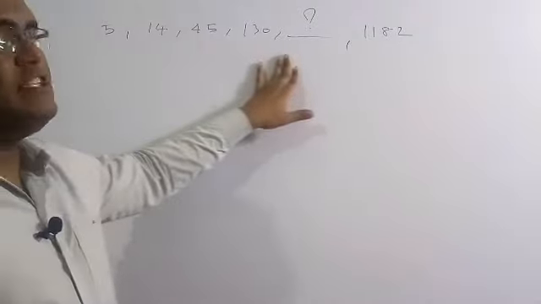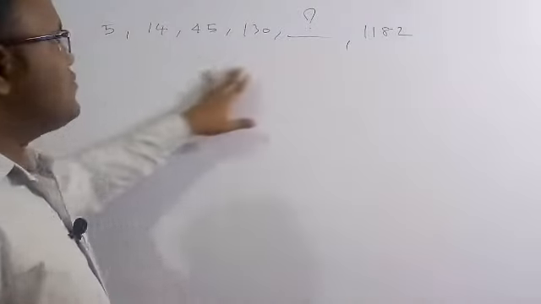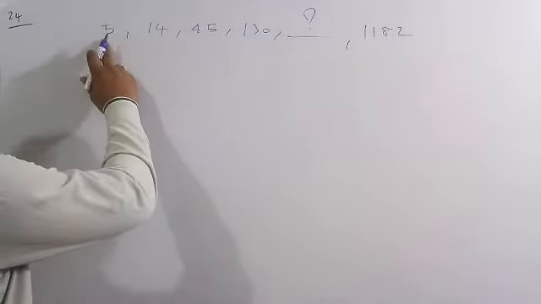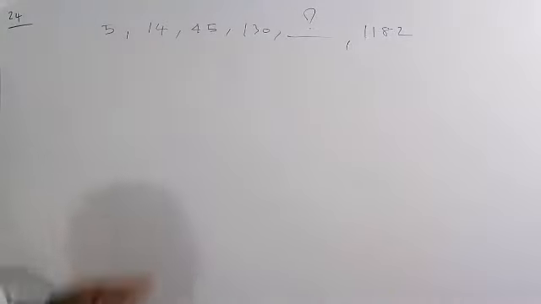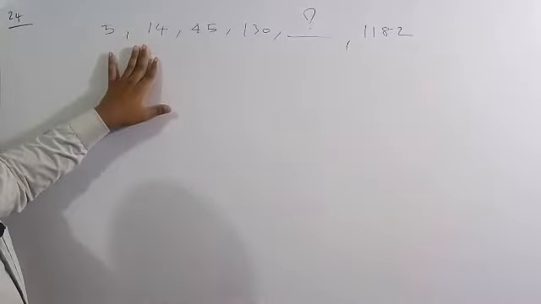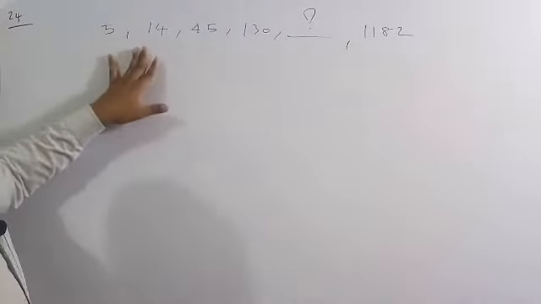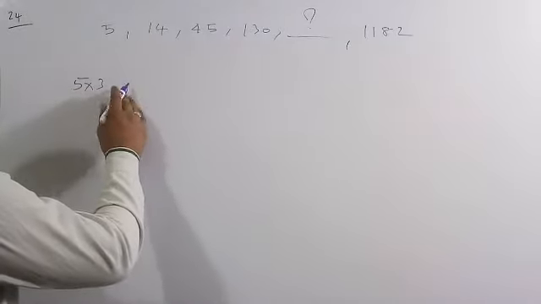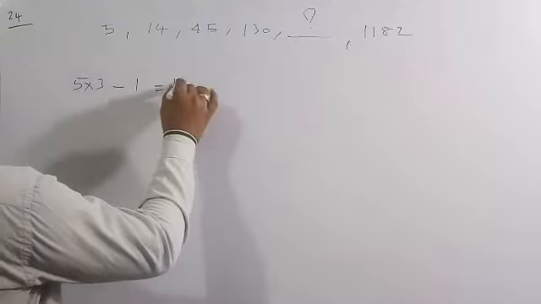So let's solve this numerical. We need to find this question mark. If you see carefully, we need to figure out the relation between 5 and 14. 5 threes are 15, minus 1, you get 14.